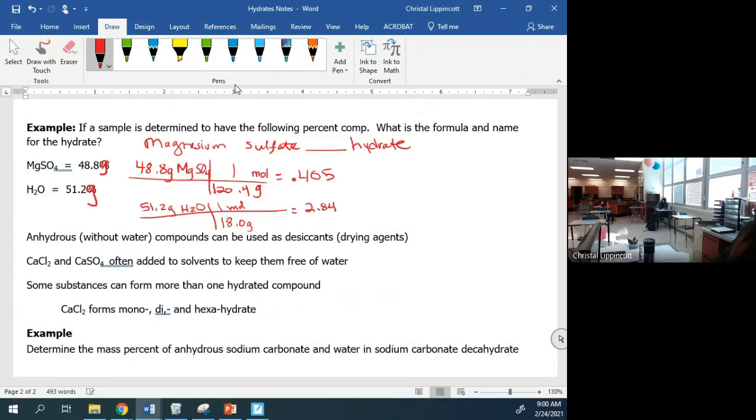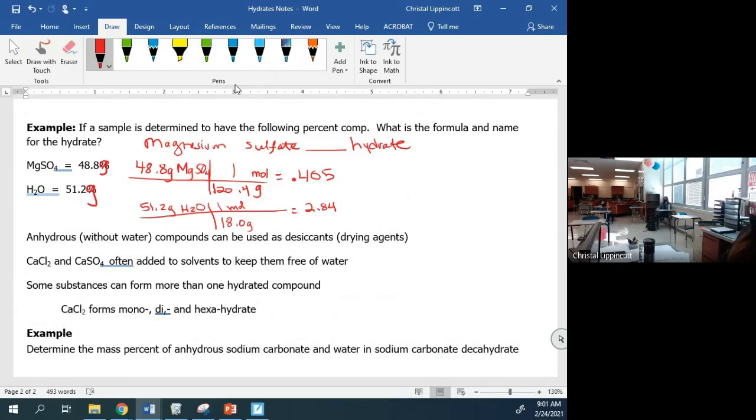Now, you should always have this value either being equal to or larger than this value. Because remember, this is a molecule of this with a certain amount of water attached to it. So if it's in a 1-to-1 ratio, then that means 1 mole of water attached to 1 mole of this.